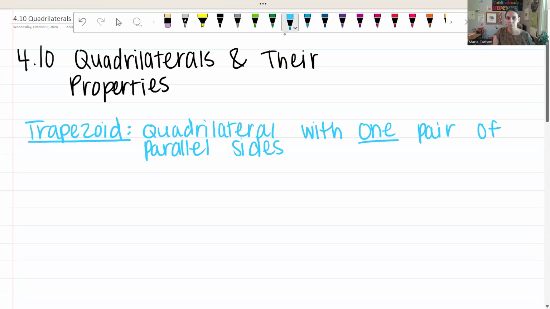So drawing a diagram here, I have two sides, and these two sides that are parallel are known as the bases. So I have base one and base two, and then the two not parallel sides are known as the legs. So there's one of our legs, and there's another one of our legs.